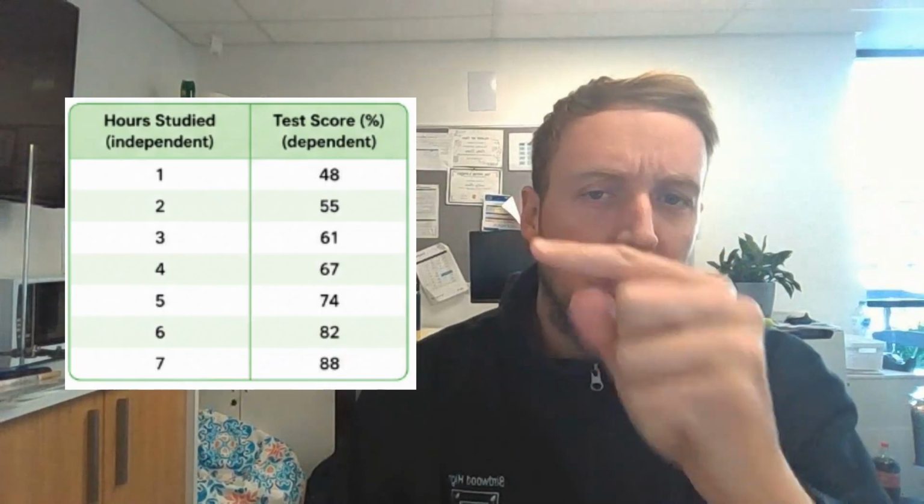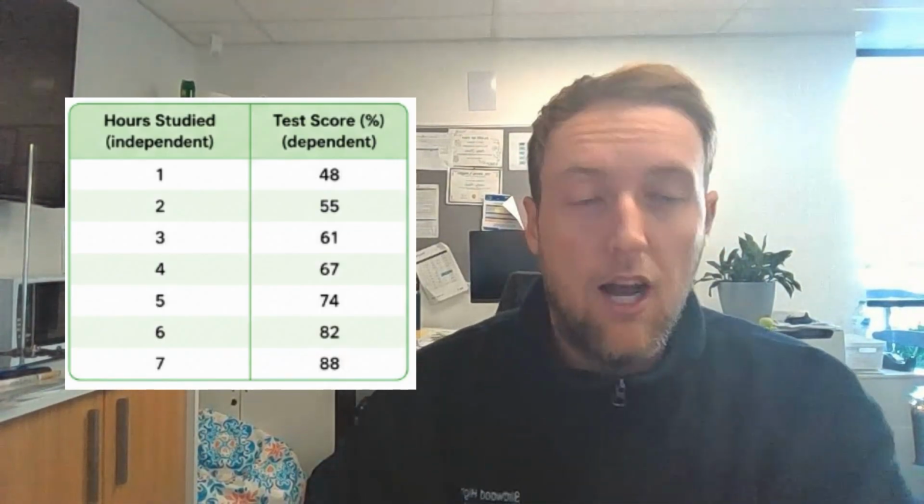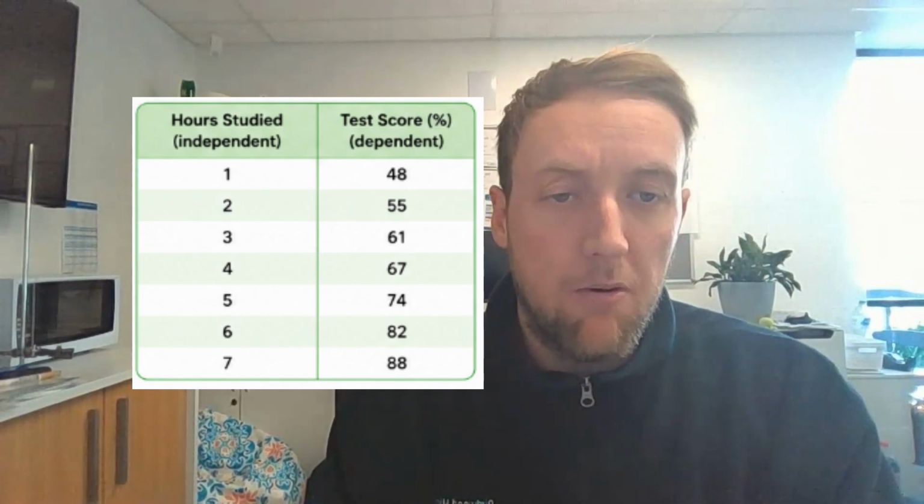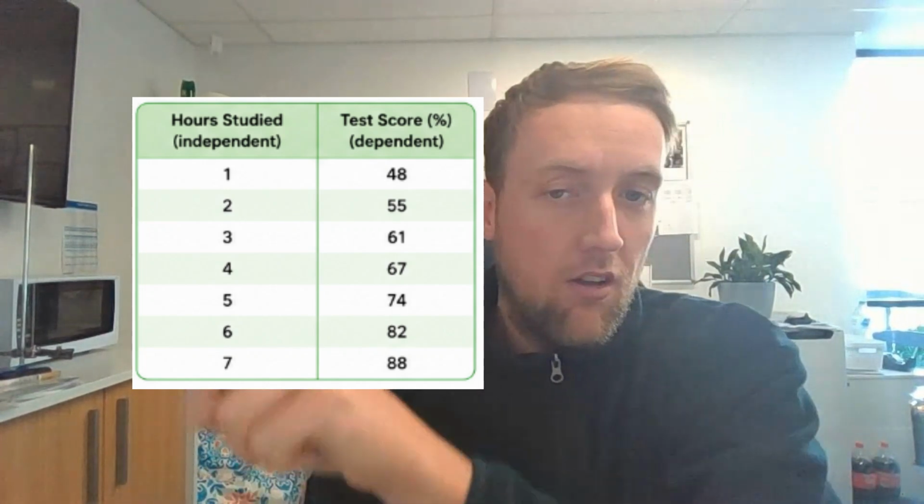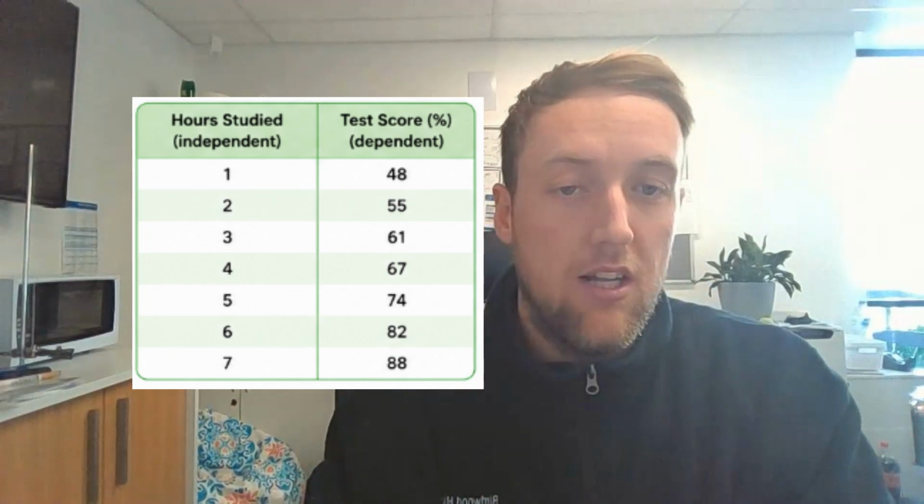Now, to explain a little bit, I've got this beautiful table here. This is looking at the number of hours studied and the test score between A classes. It's just a made-up scenario from my good old friend AI. Love AI. If you have a look here, we've got the number of hours studied in this column, and then we've got our test score.